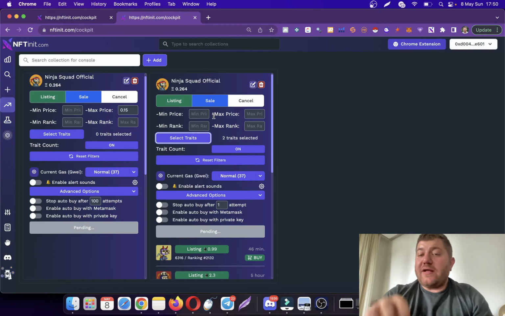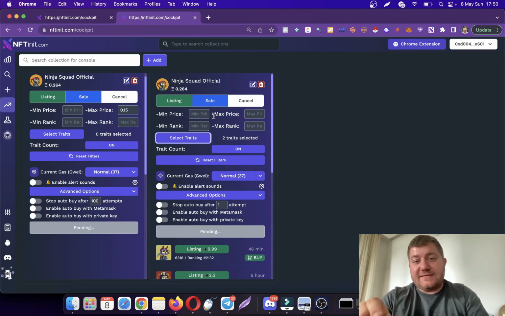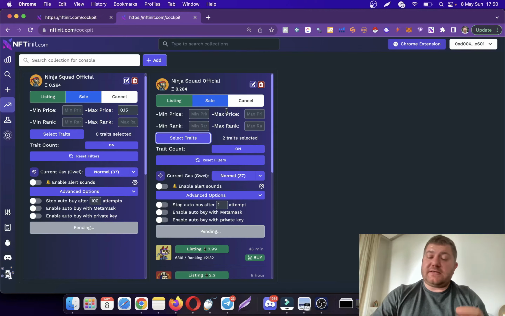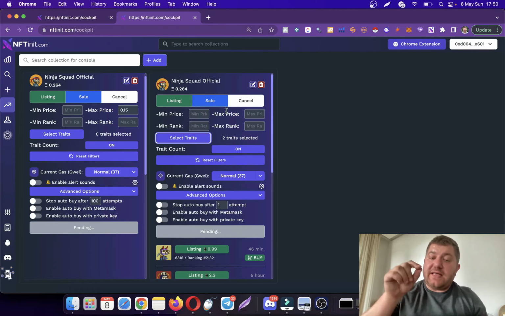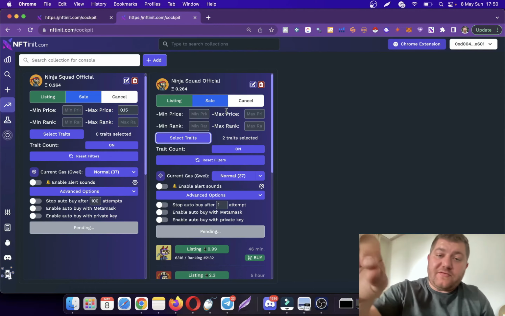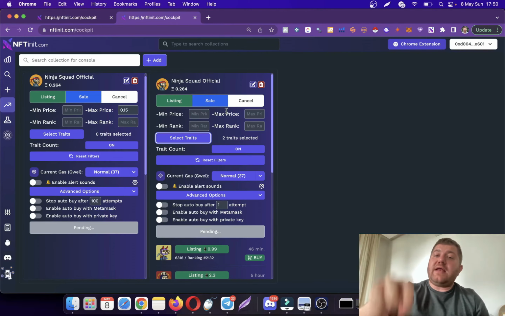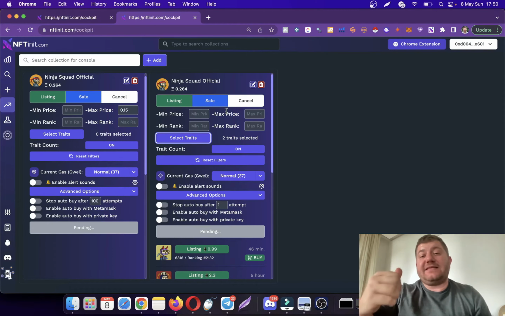Yeah. So I want the system to make a purchase if an NFT with either one of these traits gets listed. So the system is going to make the purchase if an NFT with the deep alpha trait is listed or an NFT with the spectator trait is listed.